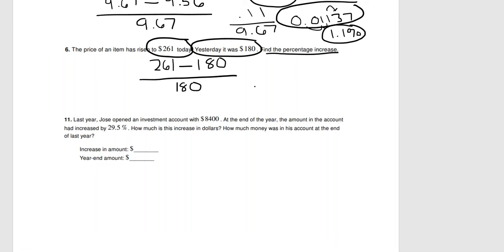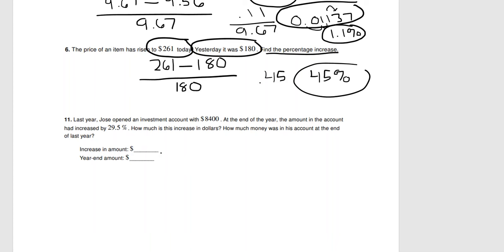So now we take 2.61, we subtract 1.80, and then we divide by 1.80. And we get 0.45. And then in ALEKS, we're putting it in as a percent. So the percent of increase would be 45%.